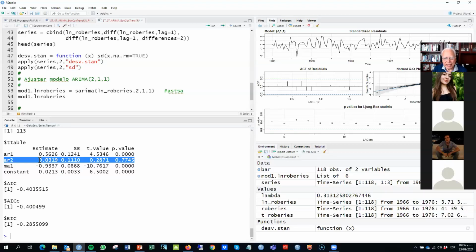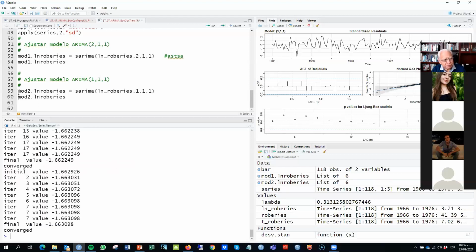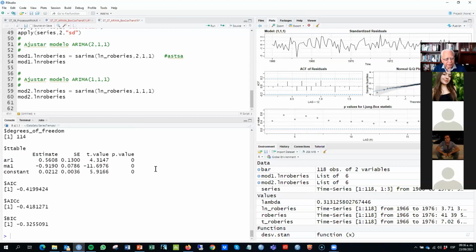So what I do is now remove phi2, the second autoregressive parameter, and I fit the model with only 1 autoregressive term. Okay. Now my 3 parameters are statistically significant, different from 0.